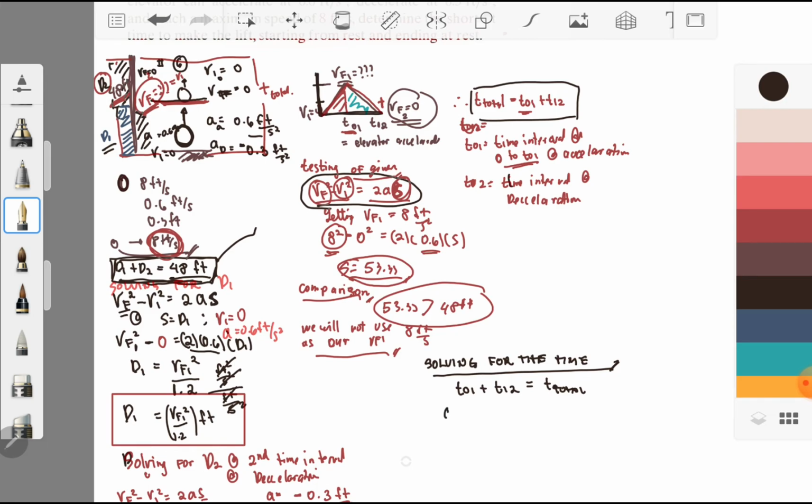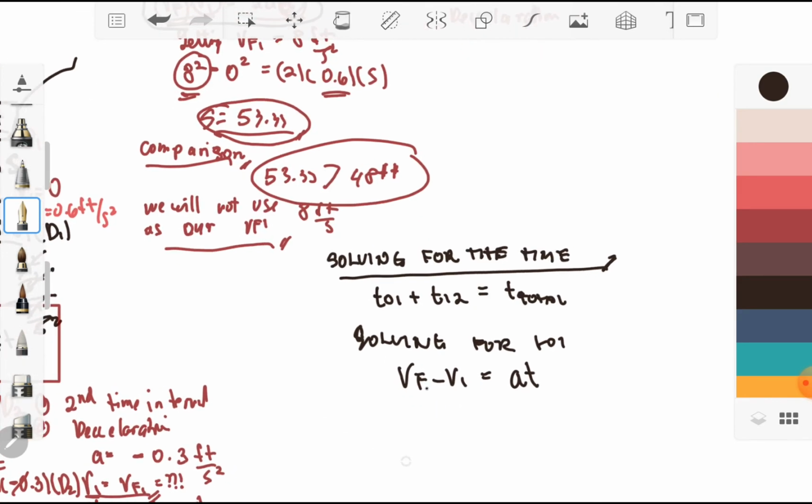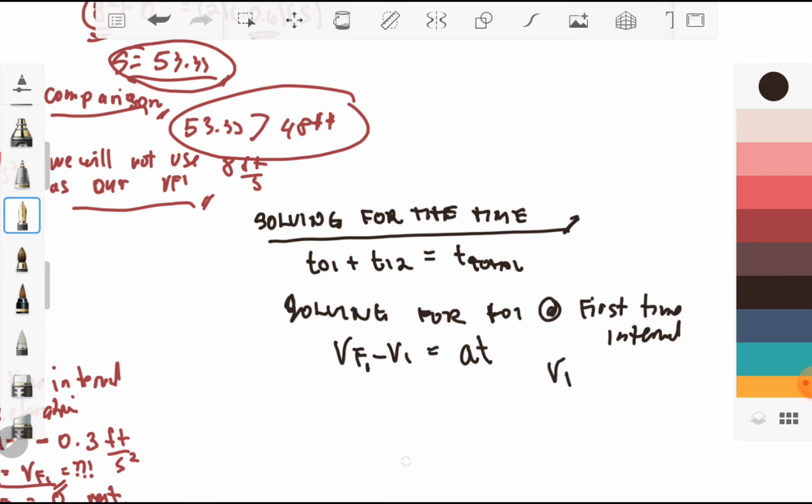So we have, solving for T01, VF less VI is equal to at, wherein our VF is equal to VF1. Solving for T01 at the first time interval, wherein we have our VF1 is equal to 4.38.